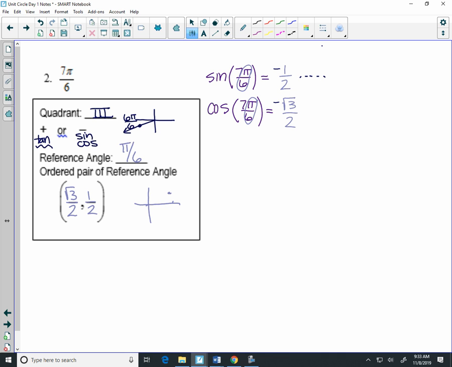Cosecant of 7 pi over 6, we're going to flip sine. So what's negative 1/2 flipped? Negative 2, absolutely. And if you want to write negative 2 over 1, again, to preserve that fraction for your eyeballs, that's lovely. I like it.